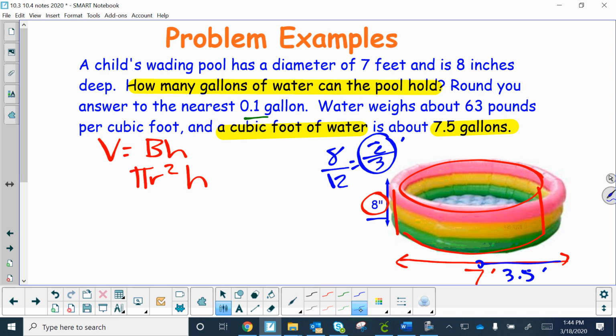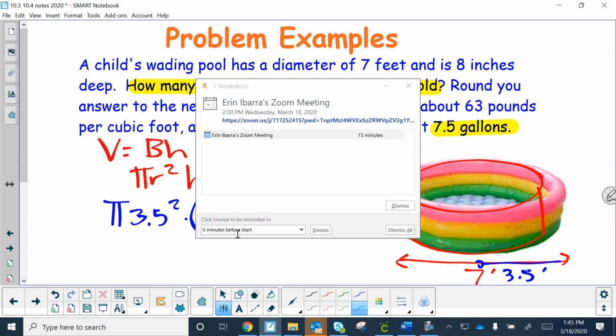So we got pi times 3.5 squared, because that's what the radius is, times 2/3. And that's okay, you can put it as a fraction, and you can put that in your calculator as well.